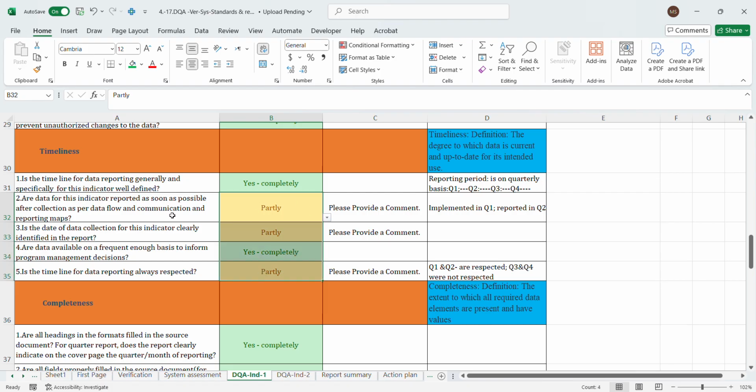So we have to compare against the standard and the implementation, check those things and decide finally.